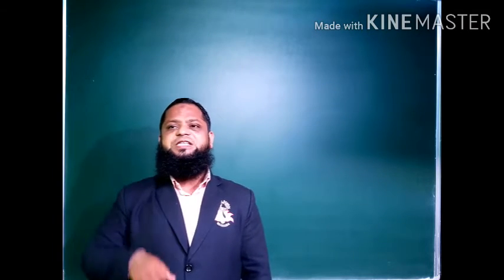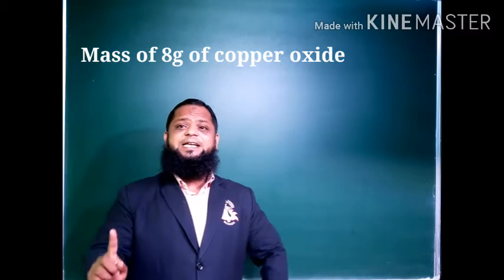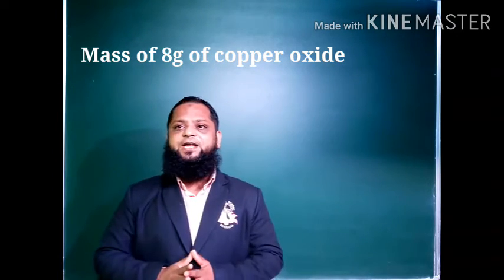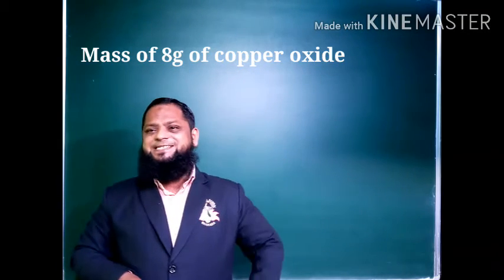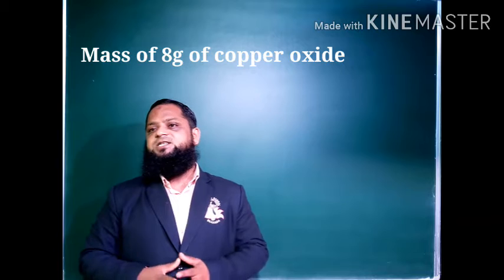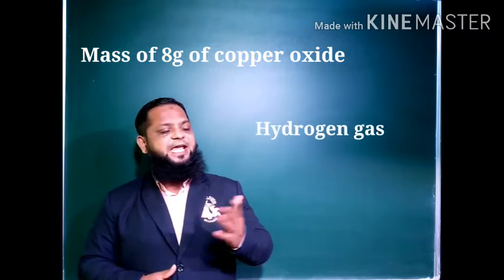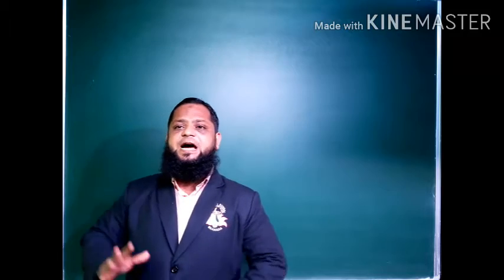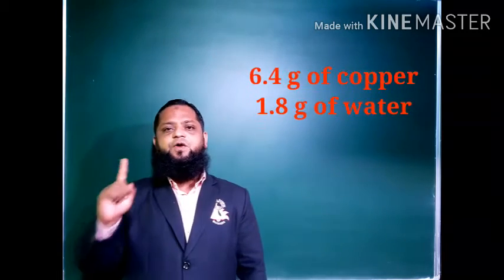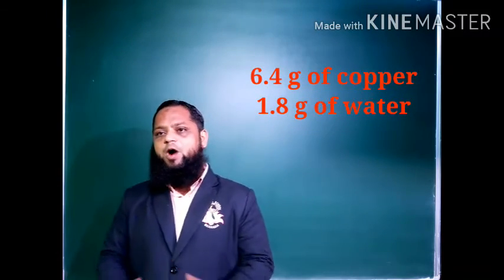From each of these samples, a mass of 8 grams of copper oxide was taken, and each was treated independently with hydrogen gas. Both gave 6.4 grams of copper and 1.8 grams of water.